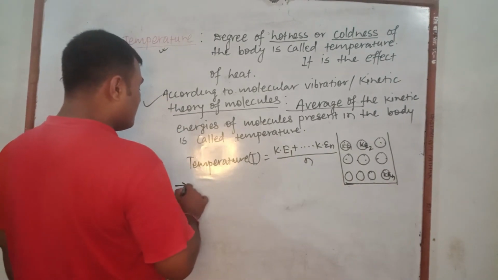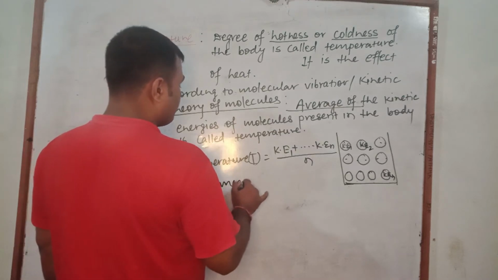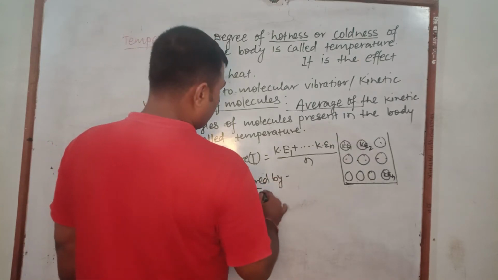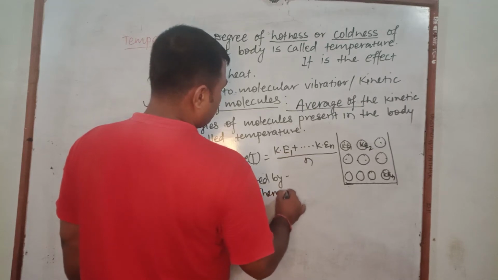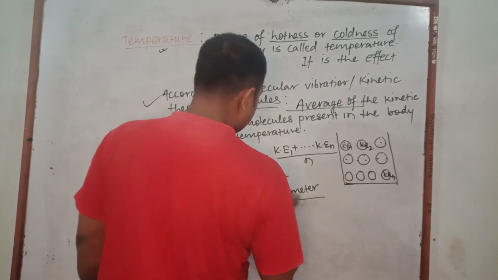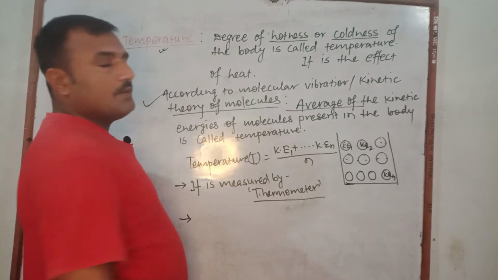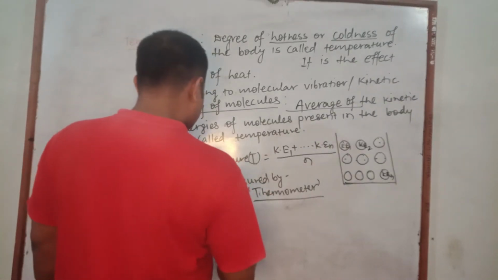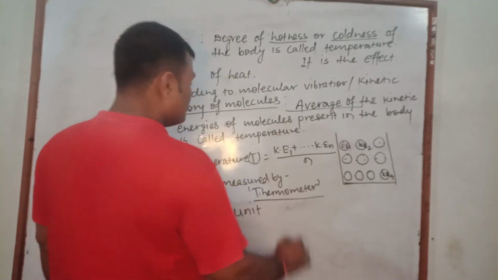Temperature is measured using a thermometer. A thermometer is a device used to measure the temperature of a body or degree of hotness of the body, and the thermometer expresses temperature in different units.